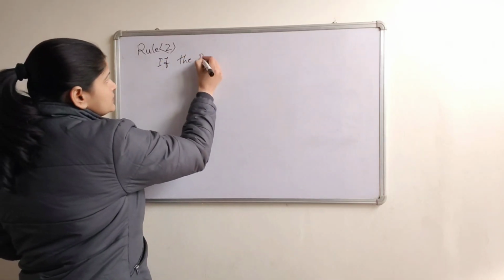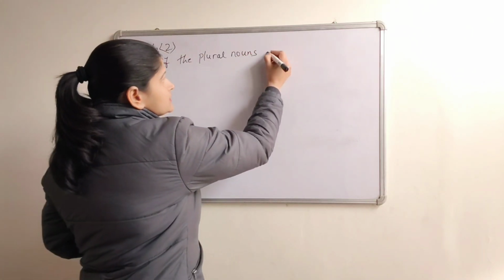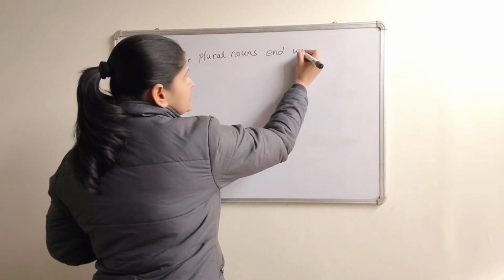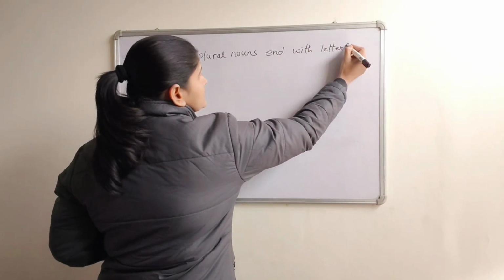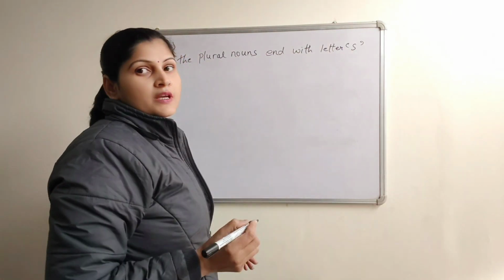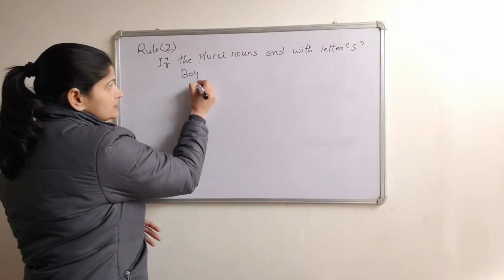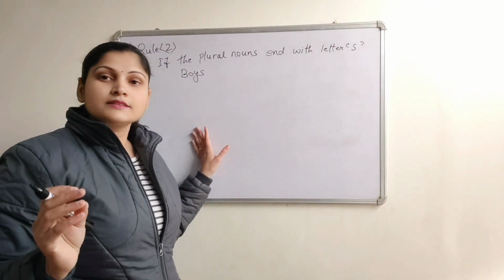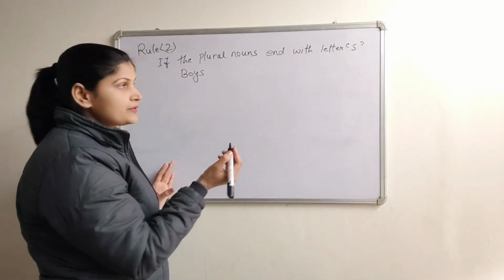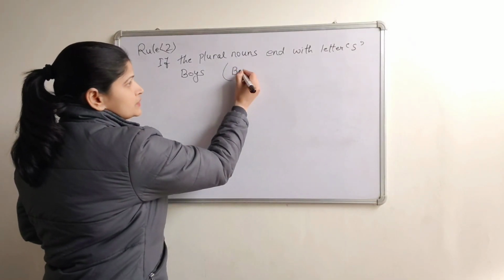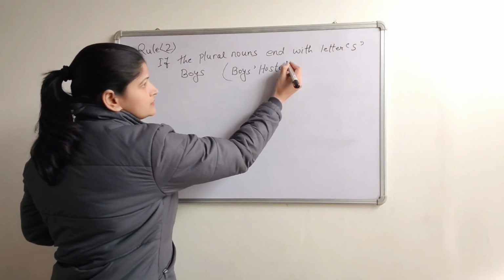If the plural nouns end with the letter S, like boys, then just add an apostrophe and then the next word. For example, boys' hostel.